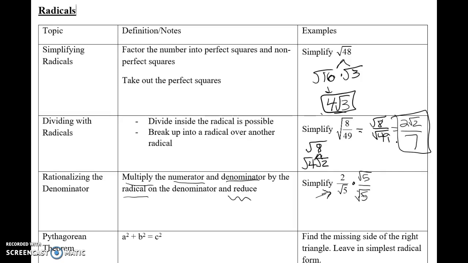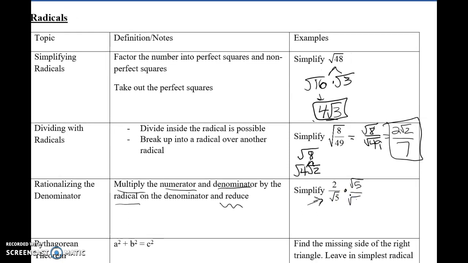In my numerator, I'll have 2 radical 5, and in the denominator, I'll have radical 5 times another radical 5. Think about what that gives you. That gives you the square root of 25, which is a perfect square of 5. So basically, the two like radicals, the radical disappears, and we have just a 5. So my final answer, 2 radical 5 over 5.